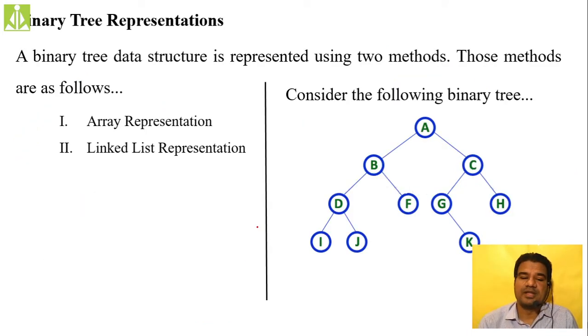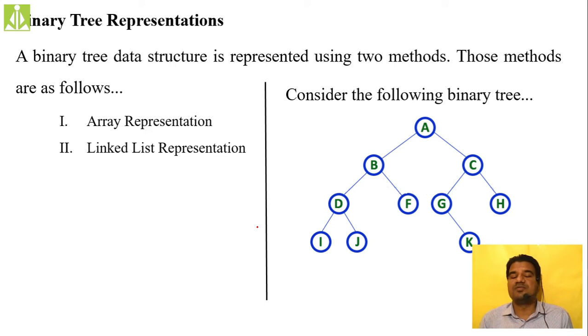The representation of a binary tree we can do in two different ways: the array approach or the linked list approach. The easiest way is the linked list approach. The array approach is a difficult one, and we use a one-dimensional array to represent a binary tree.